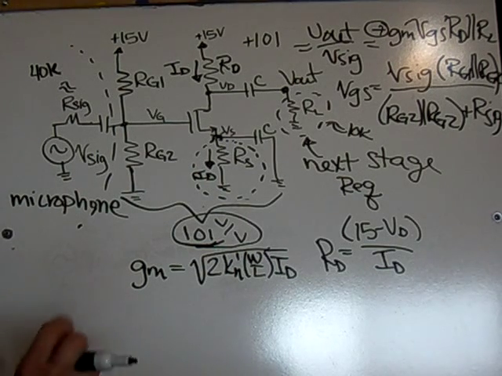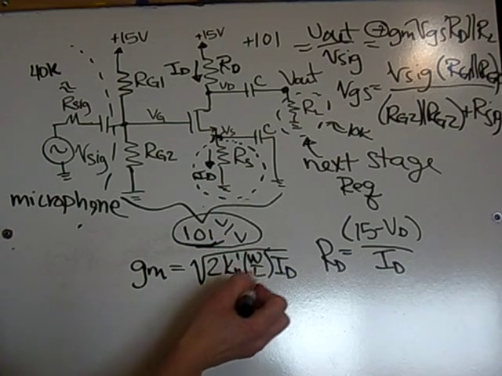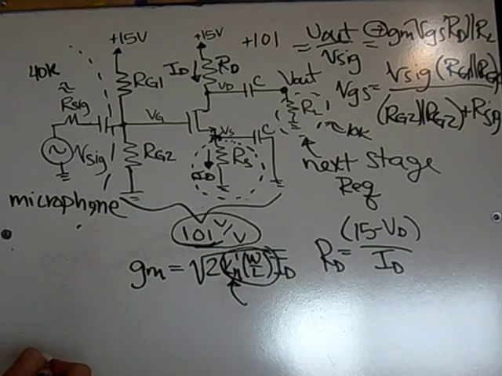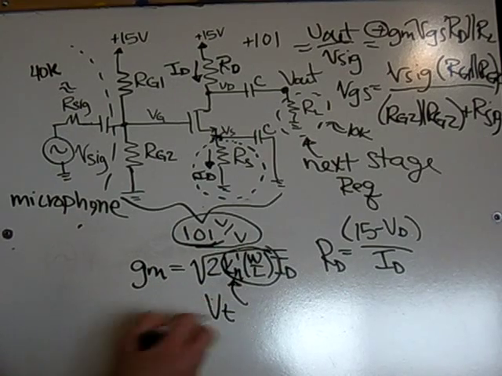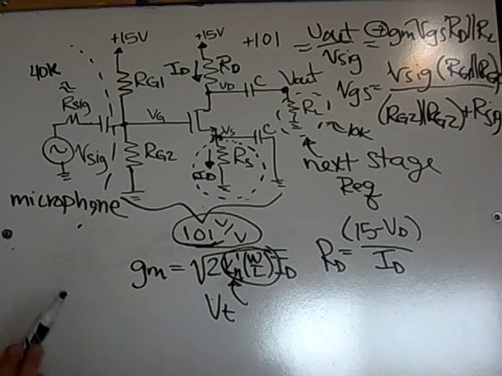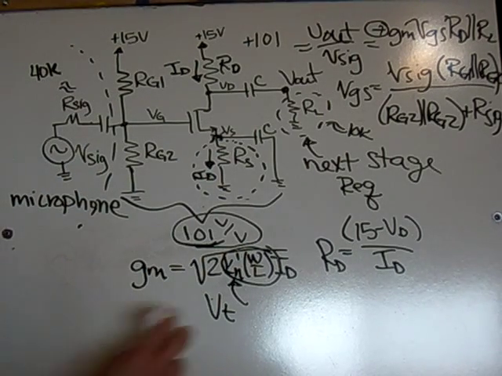I'll show you in a minute what I did for the spreadsheet. The Kn prime is the value that I measured in lab for my actual transistor, and you also measured VT in lab, which is also used in your equations. So these are the equations I'm going to use in the spreadsheet.